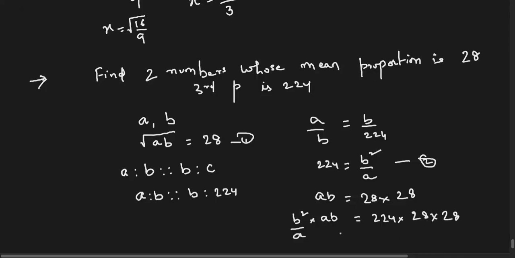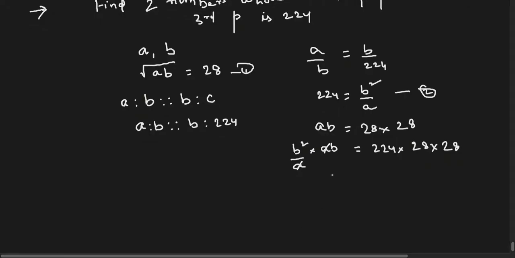Okay, so A is getting cancelled here. B cube is how much? B cube value is 28 into 28 into 28 into 8.